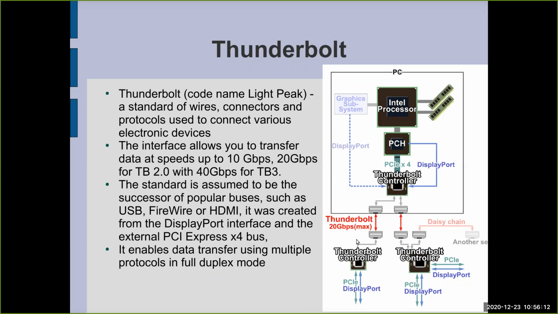So using Thunderbolt, we are able to connect, for example, external graphics cards or external high-speed devices or an 8K display. We are able to stream data up to 30 gigabits per second. So it's really impressive speed. In fact, using Thunderbolt, we can have an external dock station which has many high-speed peripherals attached.